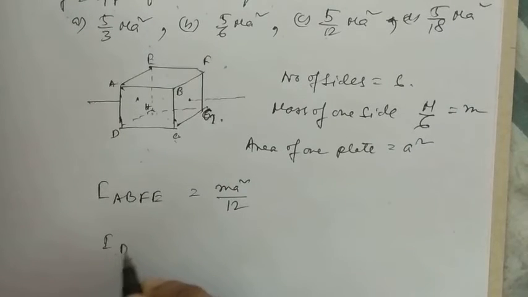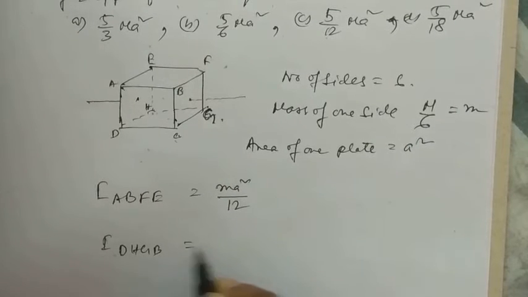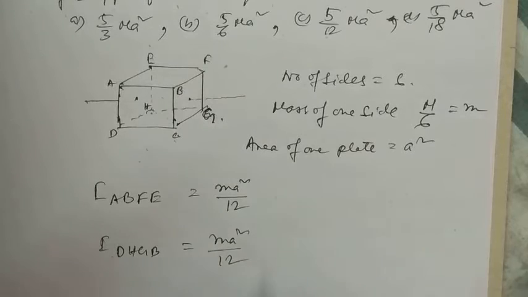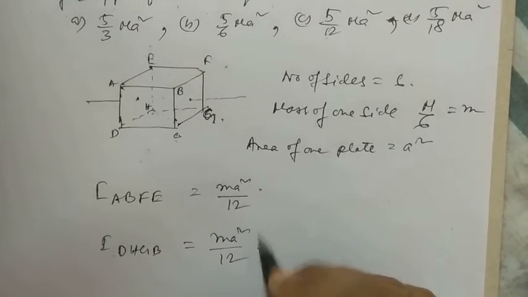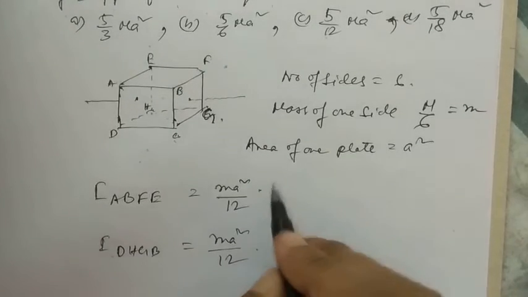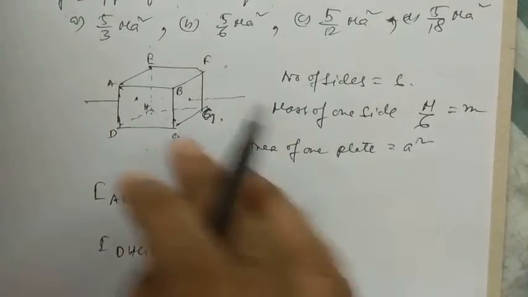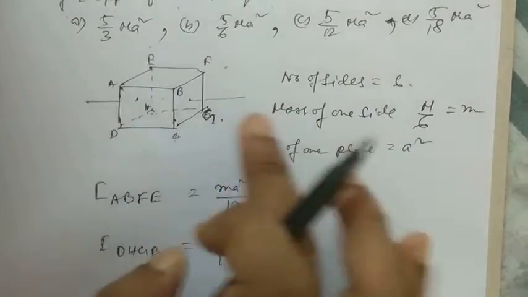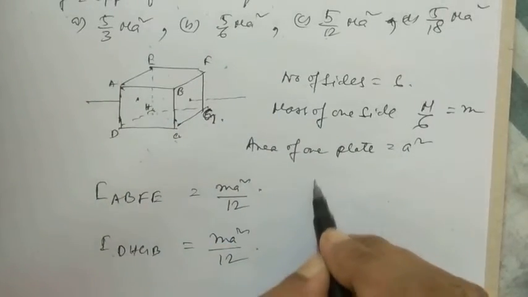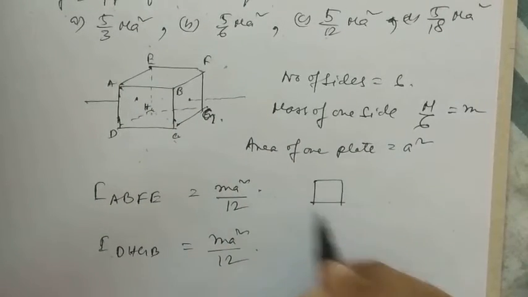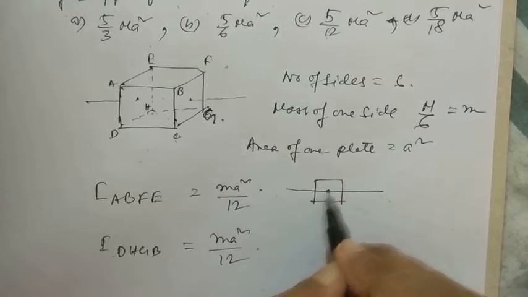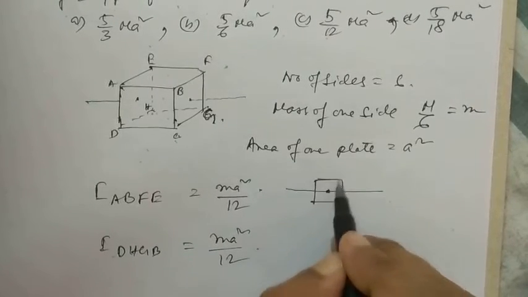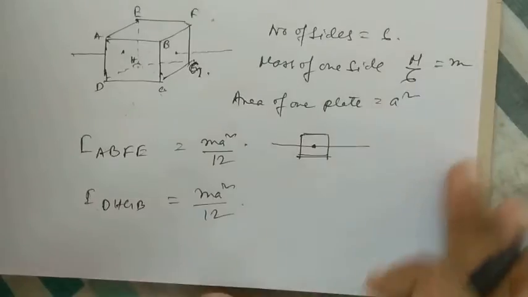So I of DHGC will also be equal to ma square by 12. Now these are the formulas when the axis passes through the center and is parallel to the plane. That means like this, this is a plane. It passes through the center and the axis is parallel to one pair of the sides.